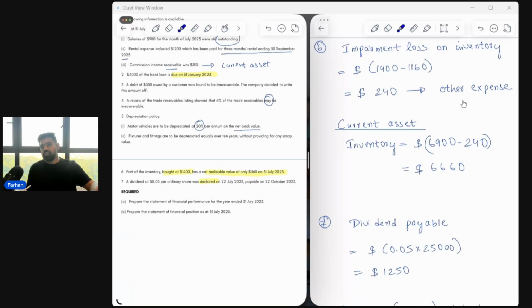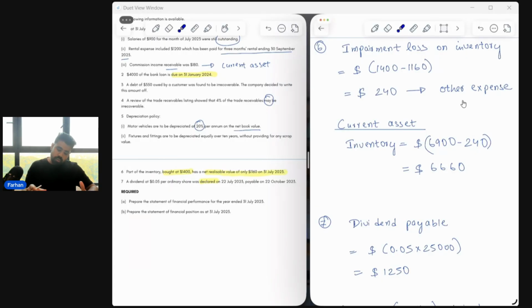So that is what we classify as an impairment loss in inventory, which is simply the difference between $1,400 and $1,160, which is $240. And this is an expense for the business because it is a loss, right? And all losses are an expense for the business. And then when you report the inventory total as part of your current assets, and the reason these are current assets is because you can obviously sell them and get money in the future.